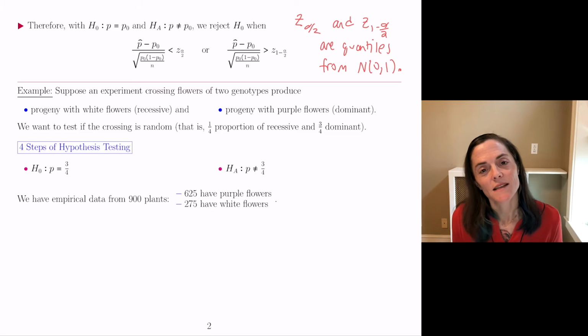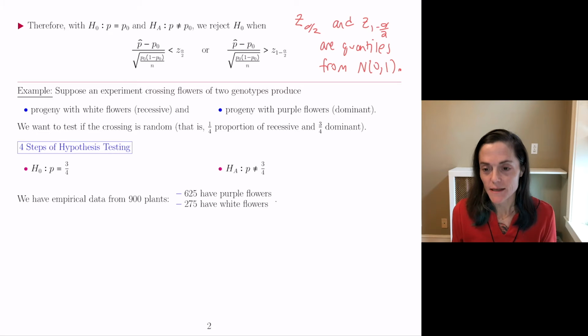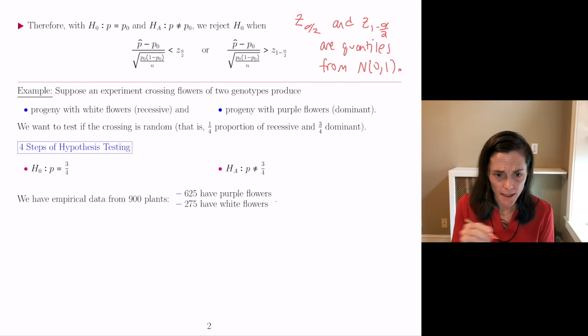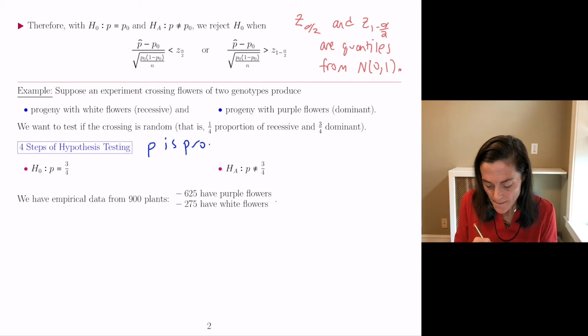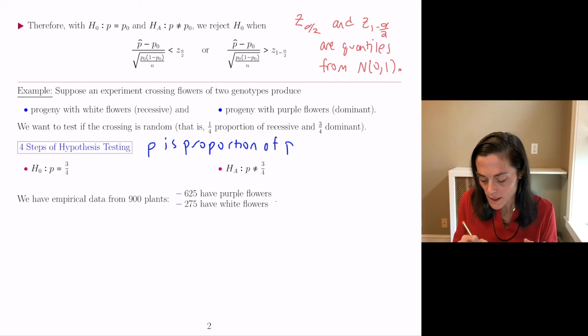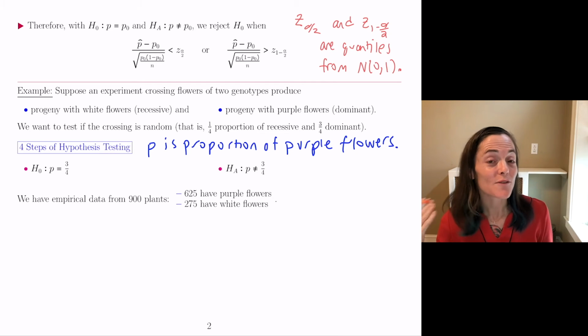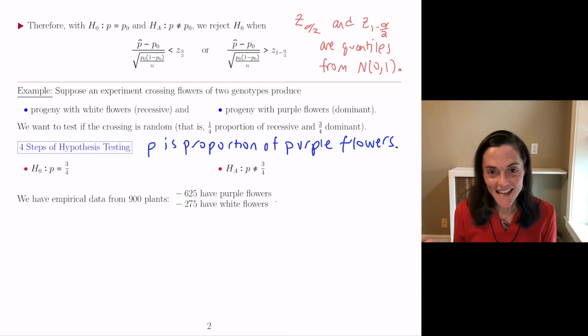We want to test if the crossing is random, which would say 1/4 are recessive, 3/4 are dominant. Here, this P is the proportion of purple flowers.